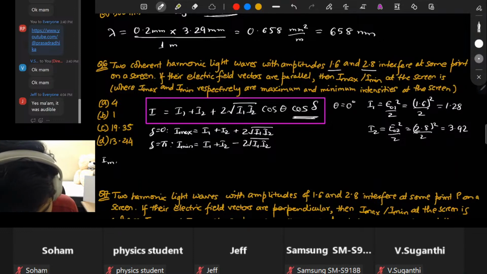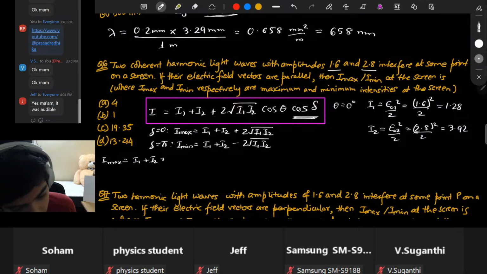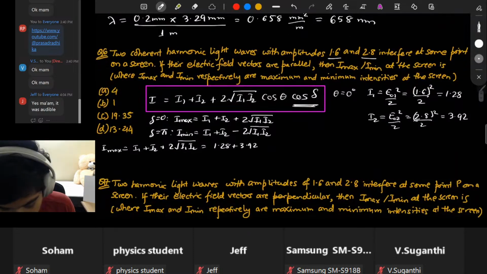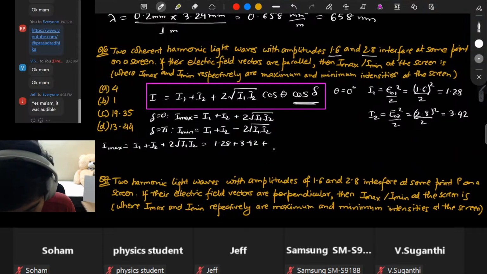So we can plug these values in. I max is I1 plus I2 plus 2 root I1 I2, which is 1.28 plus 3.92 plus 2 root I1 I2. Putting it in the calculator, I get 4.48. Adding up all of these gives me 9.68.